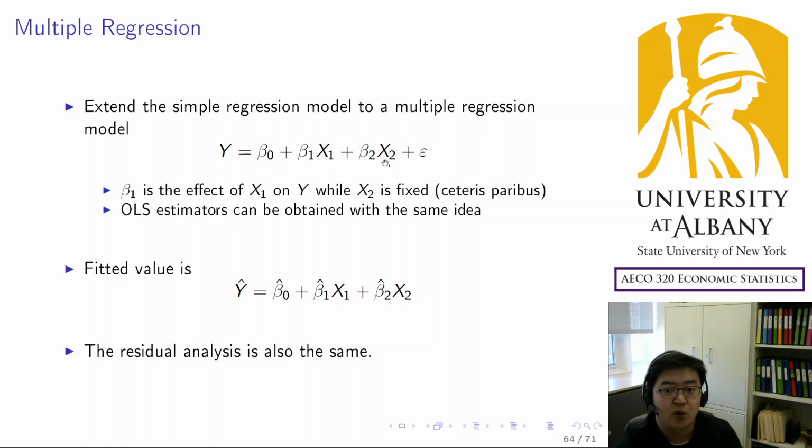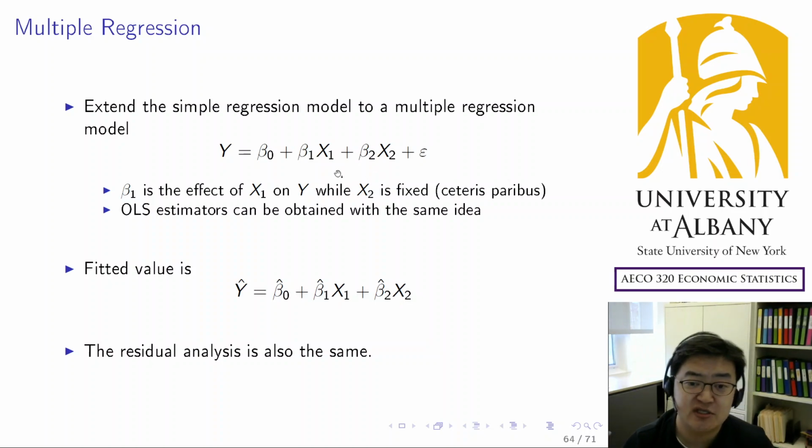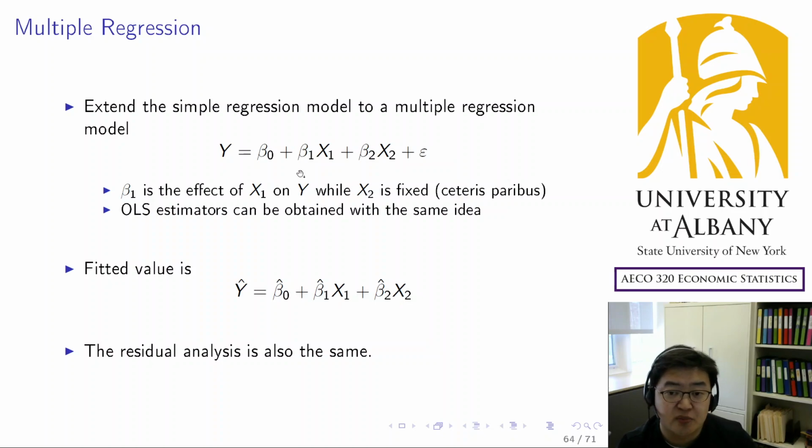Interpretation is not a big problem. Earlier we interpreted beta 1 as the marginal effect of x on y. But when you have another variable, you have to be a little more careful when you interpret beta 1. It should be interpreted this way: beta 1 is the effect of x1 on y.